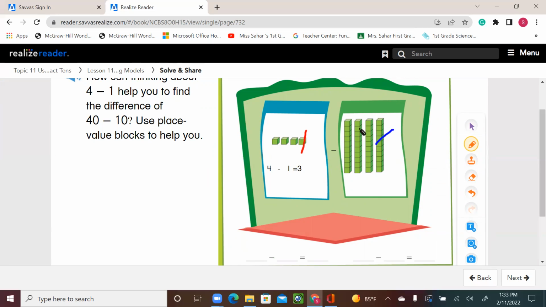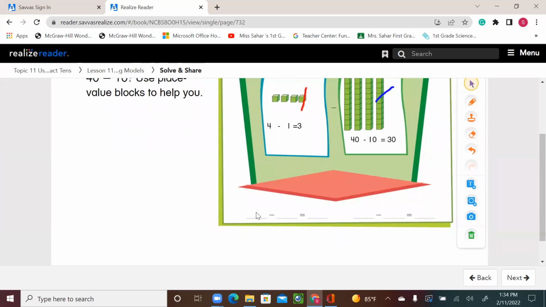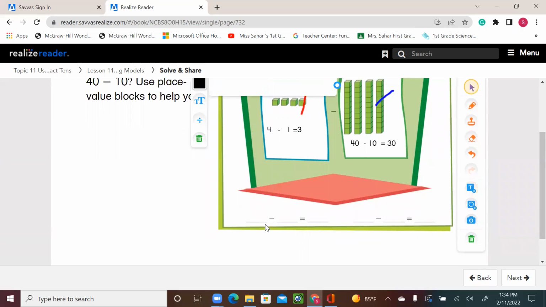That leaves me with 10, 20, 30. So let's write this down. So 40 take away 10 equals 30. Okay, let's put this information here. So 4 minus 1 equals 3.